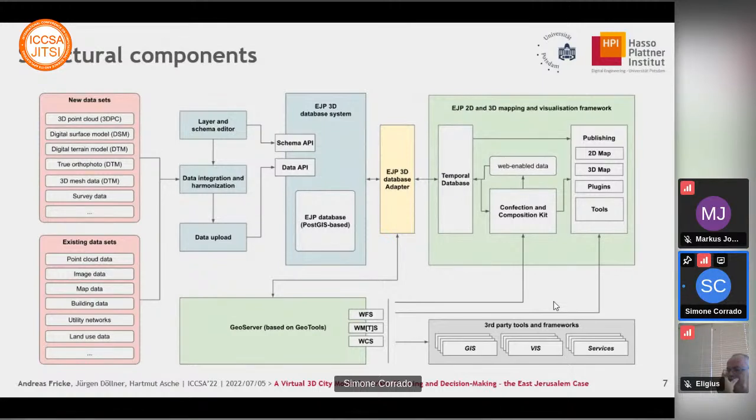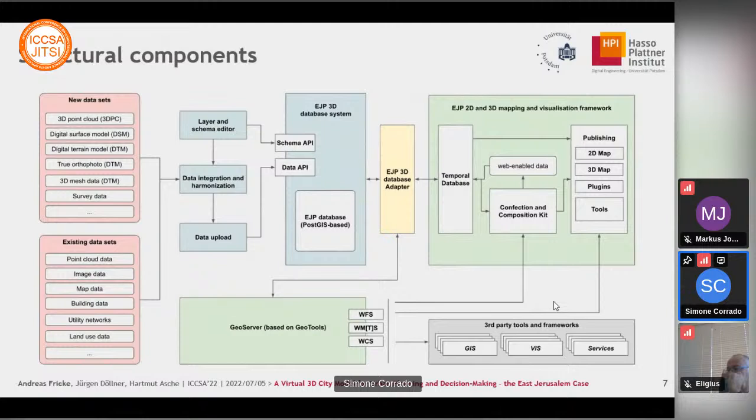We built our own data model for this. We do not use CityGML because we thought an object, for instance a house, is needed, and you should be able to track and trace it from the present into the past and also into the future. That's why we built our own data model.